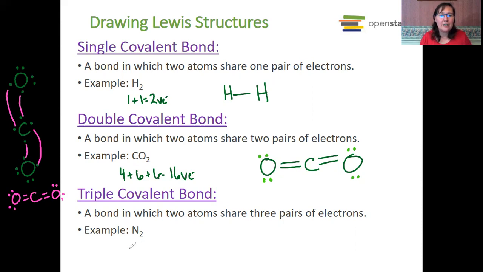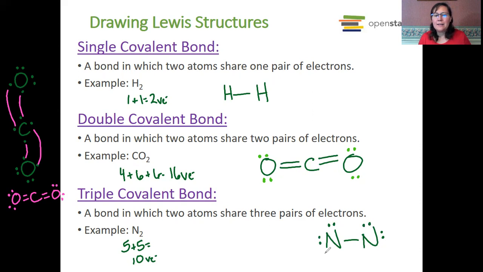All right, now let's look at nitrogen. Nitrogen, each one has 5, so we have 10 valence electrons. Again, let me show you the 2 ways of doing it. First, you could just draw like this. That's 2, and then 4, 6, 8, 10.